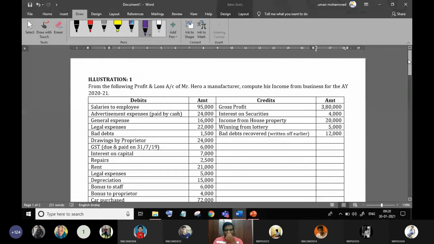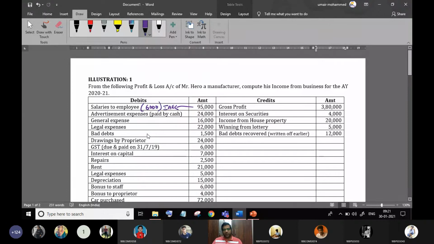He's doing household work. So let's say this sole proprietor, Mr. Hero, in order to help his spouse, has appointed a servant to do household work. So that is showing as a business employee, which is not acceptable, which is inadmissible. So here in this 95,000, 6,000 paid to a worker at home is inadmissible expense.